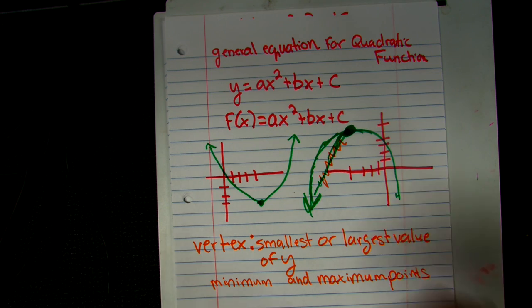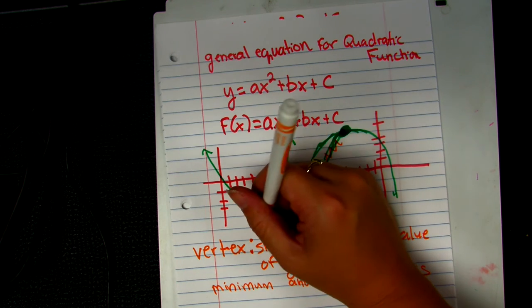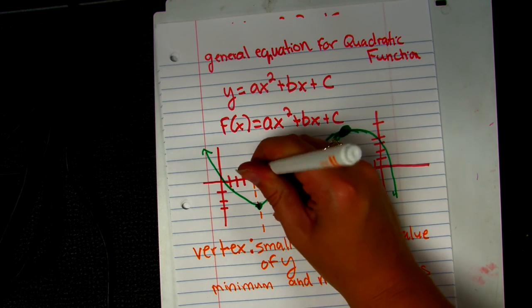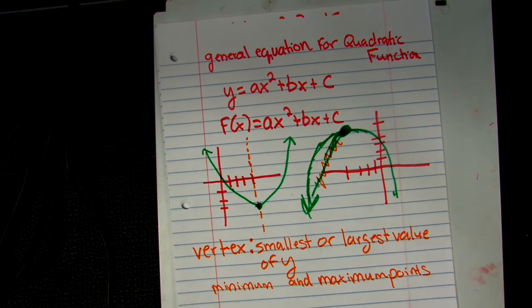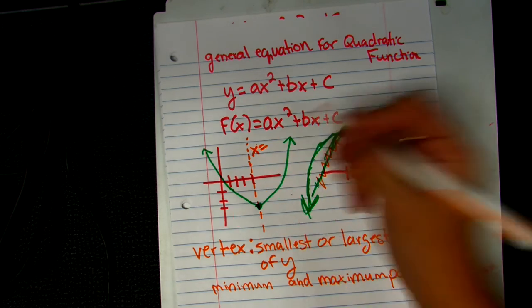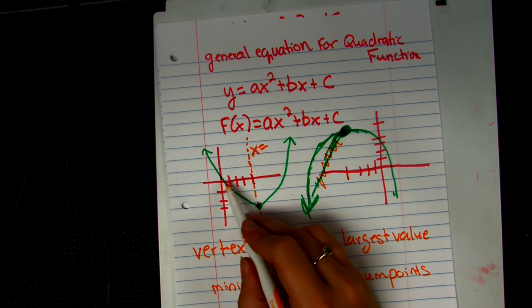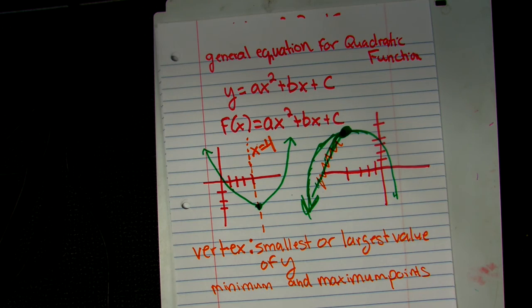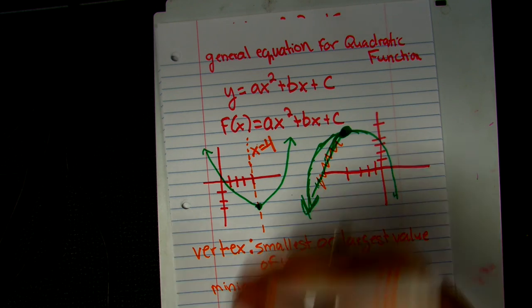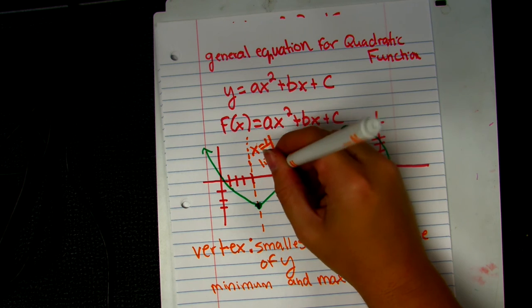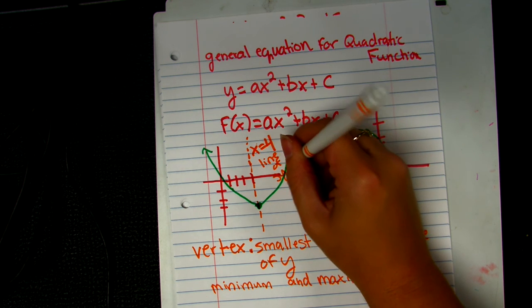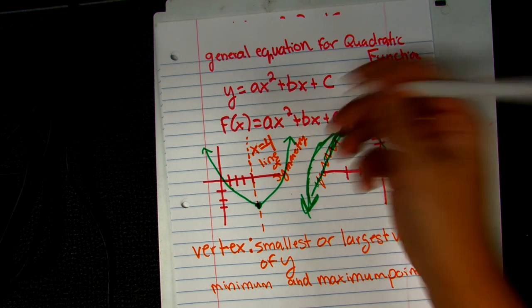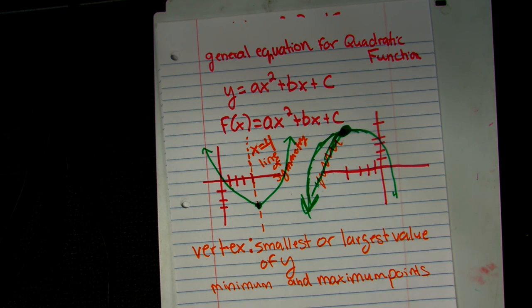So for example, in this graph here, my line of symmetry would be this line right here. And since it's a vertical line, it's the line x equals something. So this is x equals 1, 2, 3, 4. x equals 4 is the line of symmetry for this particular graph. So the line of symmetry is where your parabola begins to be symmetric, okay?